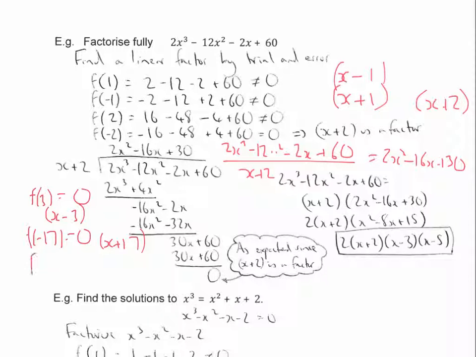If I found, a bit more difficult, if I found f of a half was 0, then that would tell me that 2x minus 1 is a factor. Now, either because you've learnt off the factor theorem, or just look at what I've written down now, that is a piece of maths which a half makes 0. Okay, so that's the piece of maths which when you plug a half in gives you 0.